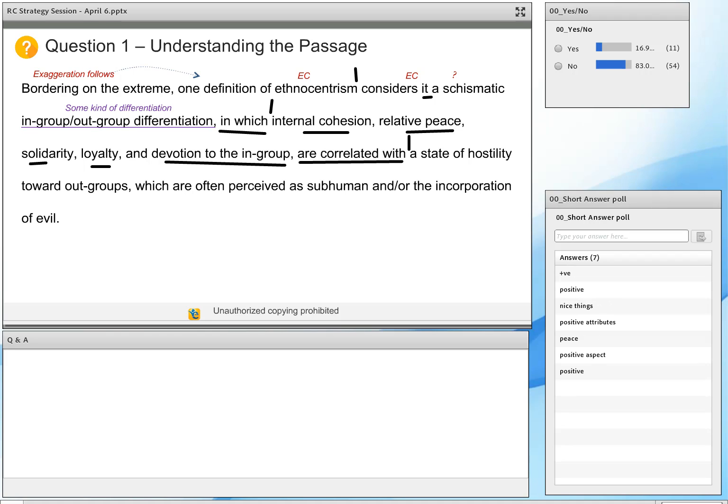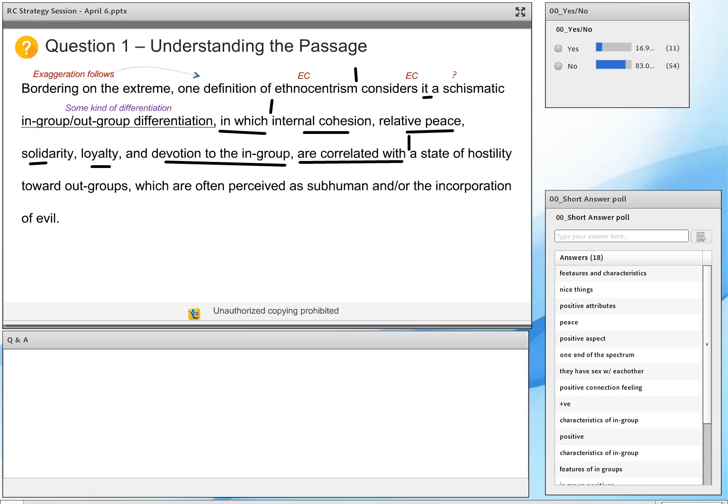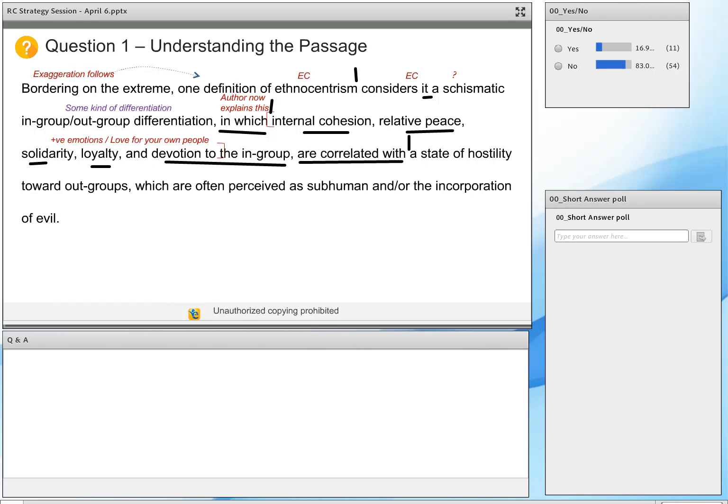These are positive feelings towards people in the in-group, right? So love for your own people, that's what this is. These are all positive feelings towards the people inside the group. So all these positive emotions are correlated with what? Are linked with what? Are linked with a state of hostility toward the outgroups.